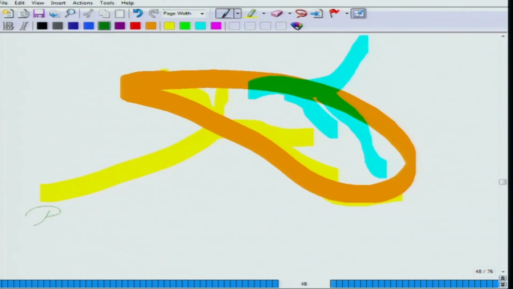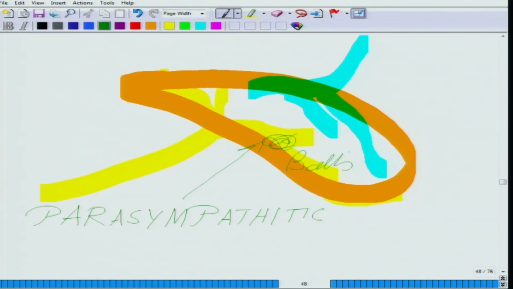So, these are the parasympathetic, which are influenced the beta cells, and these are sympathetic, which influences the alpha cells.